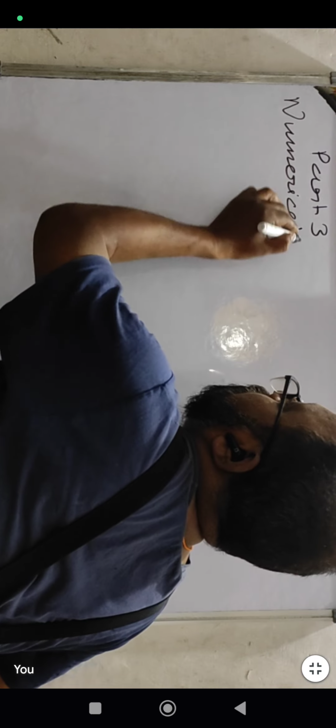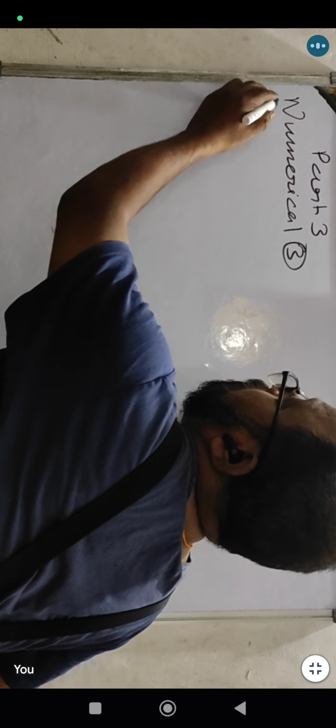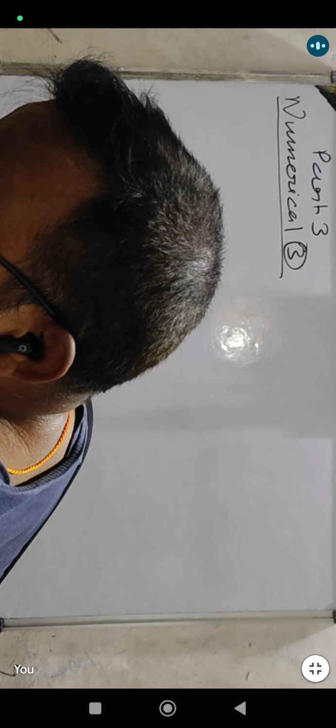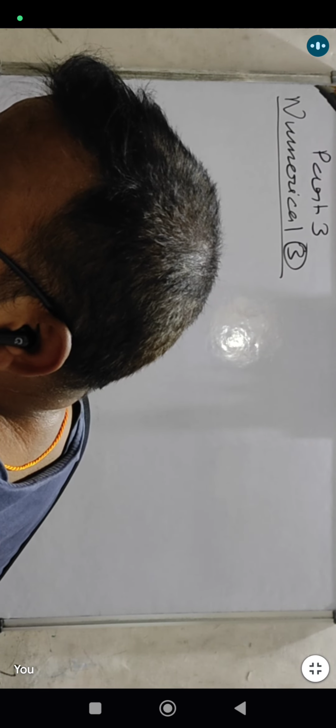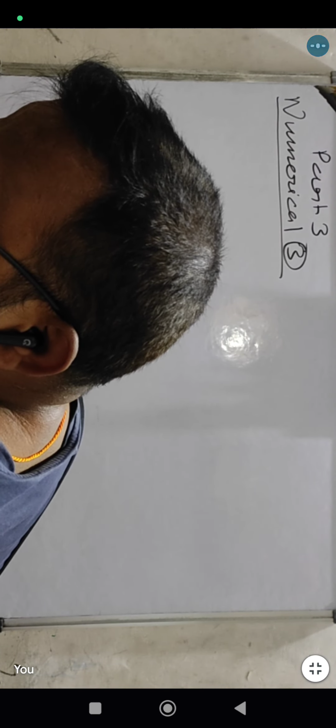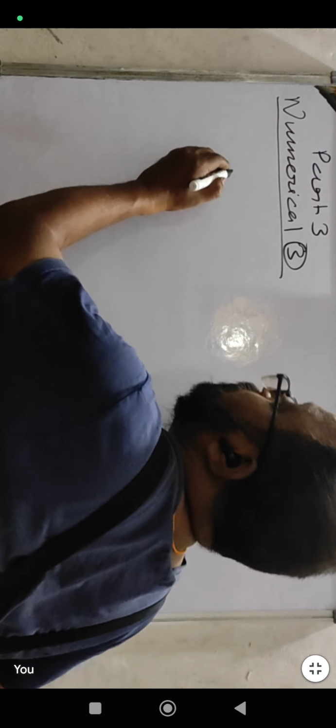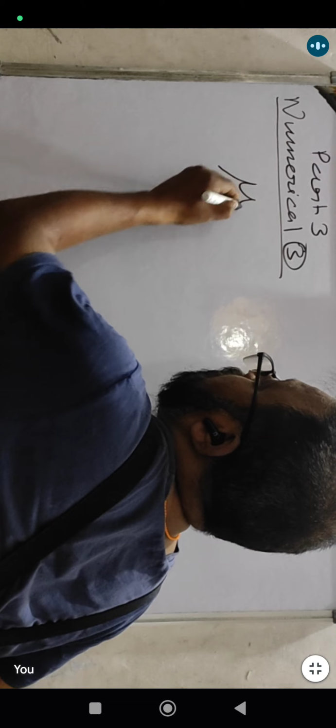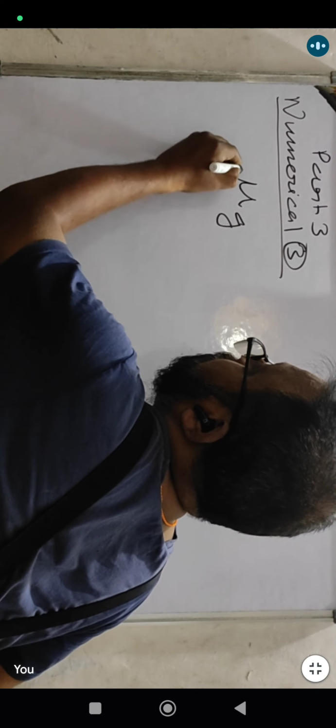What is that? A postage stamp is kept below a rectangular glass slab of refractive index 1.5. Refractive index of glass with reference to air is 1.5.